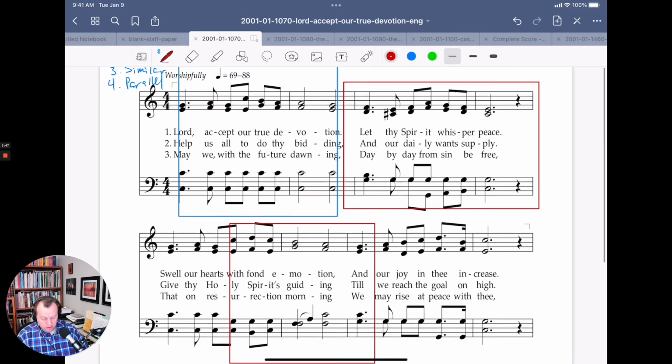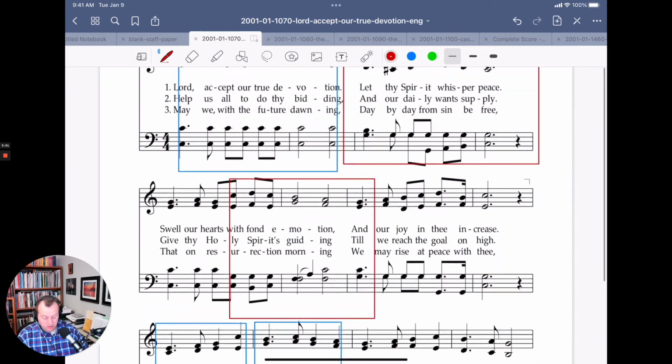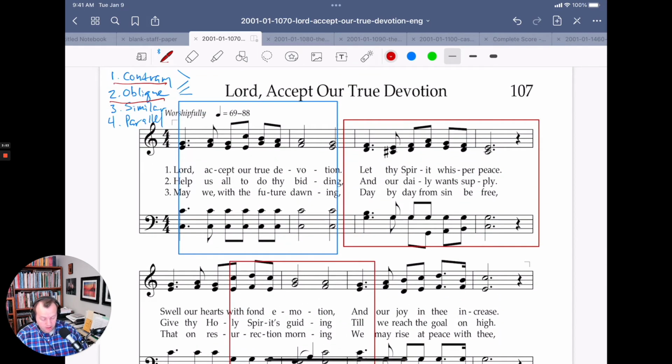So here on the score, I've marked in red some examples of contrary motion. Let's look at the first one. Right here, you can see how the bass is going up from low G to C. Now compare the direction of the bass to the soprano. Well, it's coming down. Perfect example of contrary motion. Very smooth, very good.